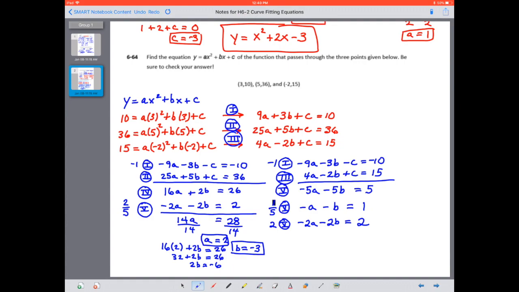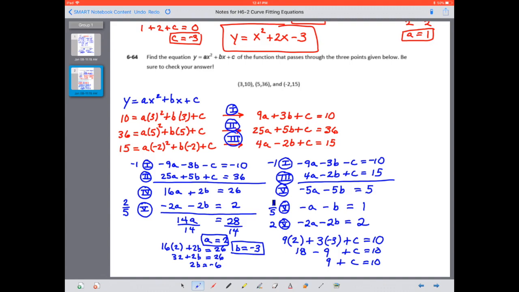Last step, plug both of those into one of the original equations to find what c is. So 9 times 2 plus 3 times negative 3 plus c equals 10. So it should be 18 minus 9 plus c equals 10, which is 9 plus c equals 10.